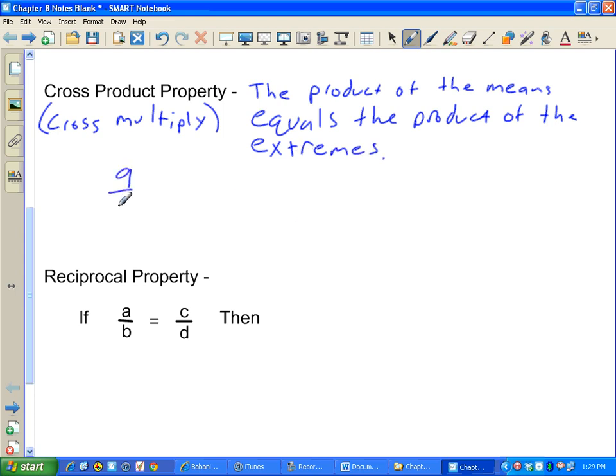So if I go back to my A over B equals C over D, the cross product property is what allows me to say AD, A times D, equals BC, B times C. I'm multiplying the extremes and setting that equal to the means multiplied together.